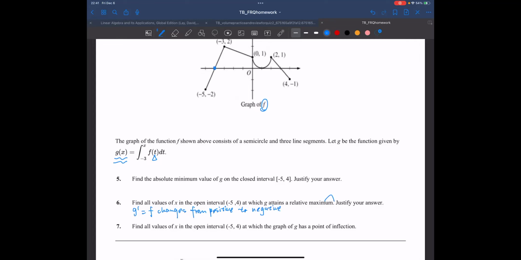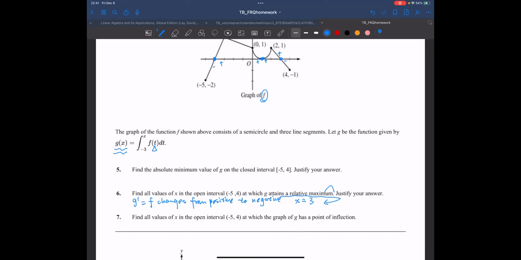In the graph, here we can see 3 zero points. We check the zero points. Here it is from negative to positive. Here it changes from positive to positive, and at x equals 3, it changes from positive to negative. So we can see x equals 3, g has a relative maximum.